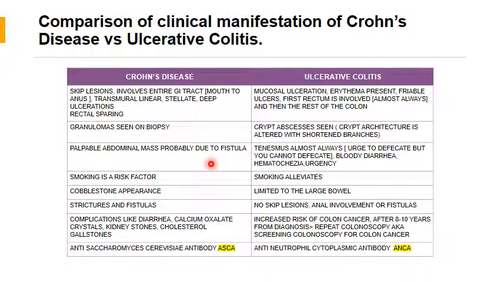There can be a fistula between the bowel segment and the vagina, or between two intestinal segments, because the inflammation crosses the wall and reaches here, and below that is another intestine, so it can easily reach the other wall, and then there's a connection between the two bowel segments or two structures, which is a fistula, and that can lead to a palpable abdominal mass.